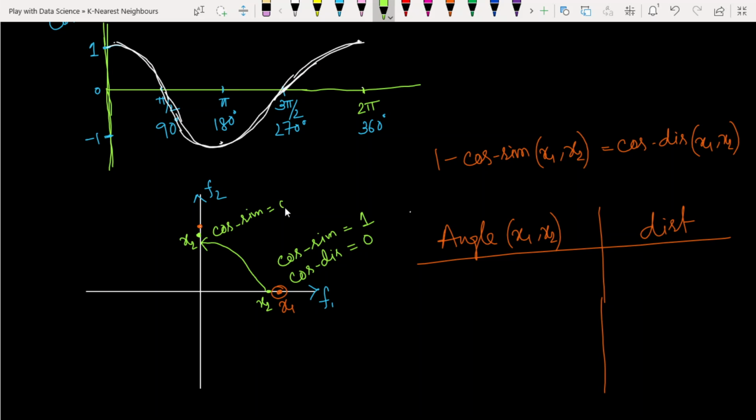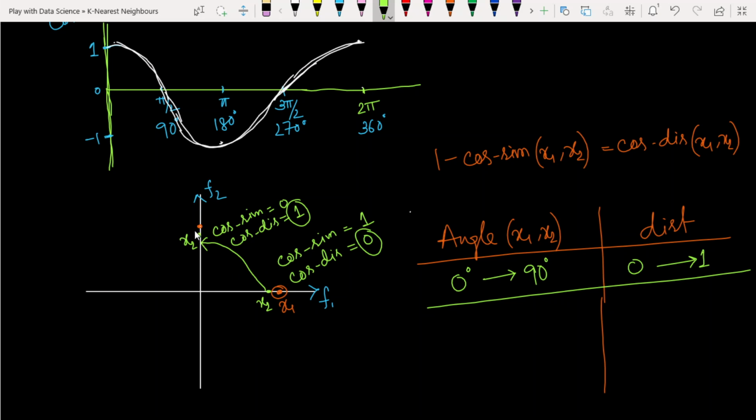So the cosine similarity will be 0. And the cosine distance is 1 minus 0, which means the cosine distance will increase. To summarize, if we increase the angle from 0 to 90 degrees, our distance will increase from 0 to 1.